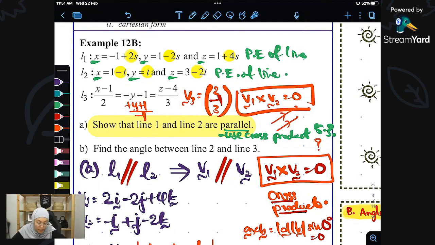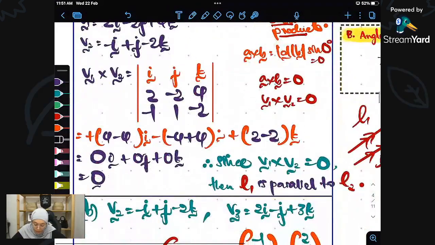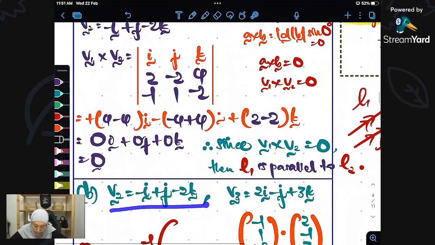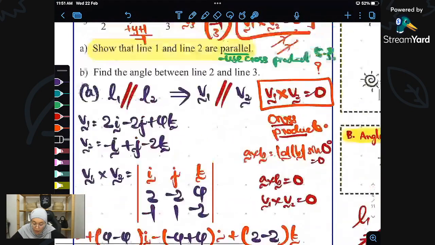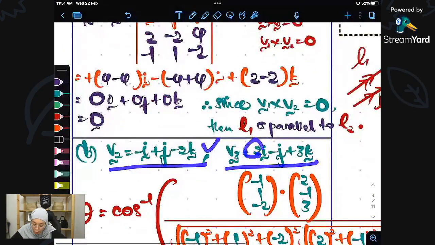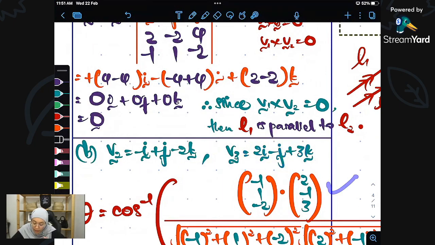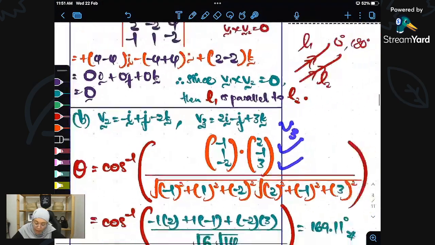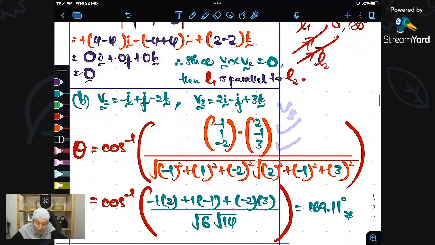So be careful there. Alright, so now our V2 is there, it's easy. V3 adalah 2, again I repeat, 2, negative 1 and 3. That is our V3. So apa yang saya buat, saya telah pun masukkan ke dalam formula.